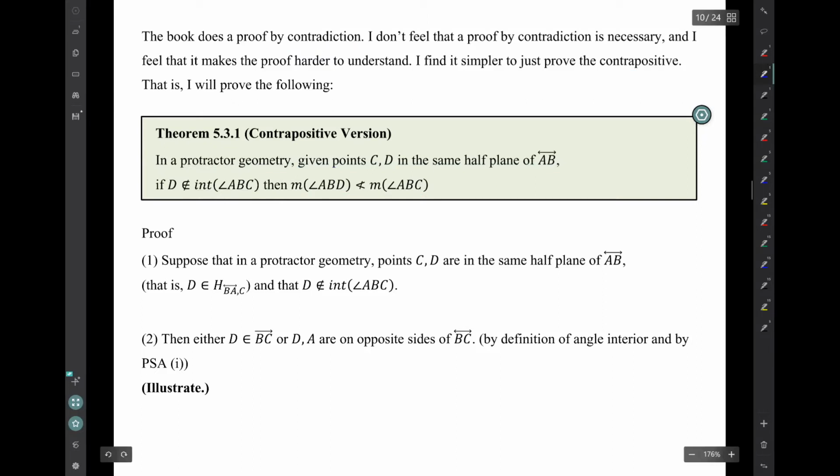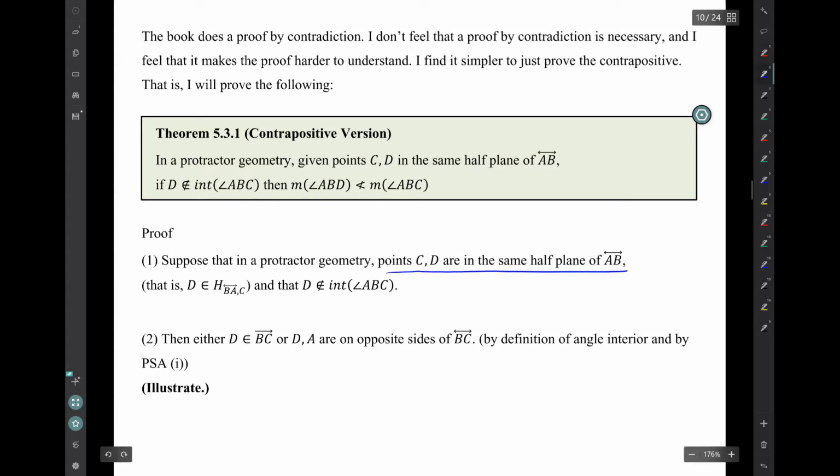Now I've mentioned this idea before. I find often in books that I read that proofs by contradiction are used when a simpler proof by just proving the contrapositive is possible. So here we go. Suppose that in a protractor geometry, points C and D are on the same half plane of line AB.